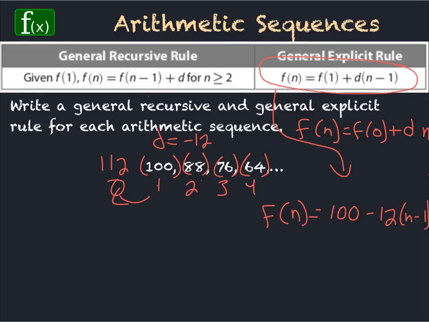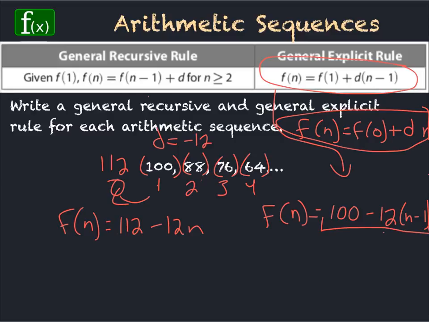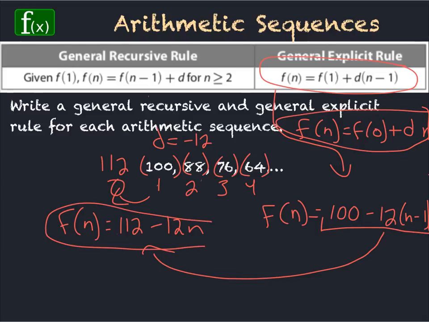So if you're doing it that way, your explicit rule would be f of n equals f of 0, which is 112, plus, well, not plus, because our common difference is -12, so it would be minus 12n. If you used the distributive property and simplified the first function, you would see that you would end up with this. You would get the same thing, except this is already simplified, and we could just leave it like that.